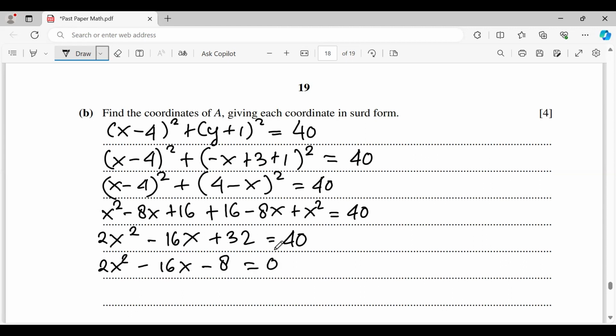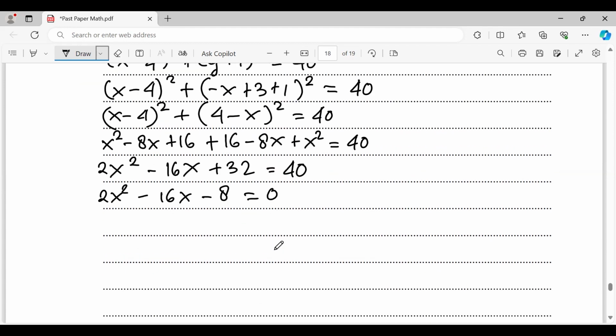So 2x squared minus 16x minus 8 equals 0. Divided by 2, x squared minus 8x minus 4 equals 0.